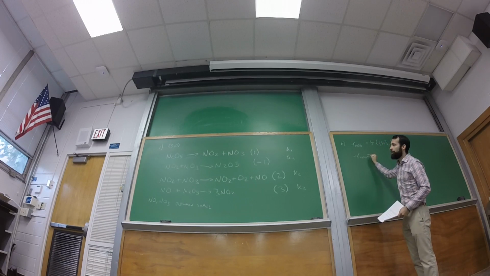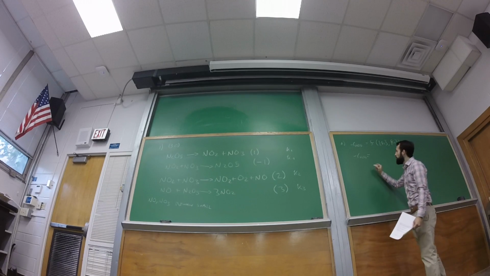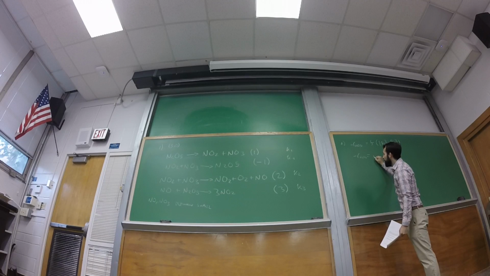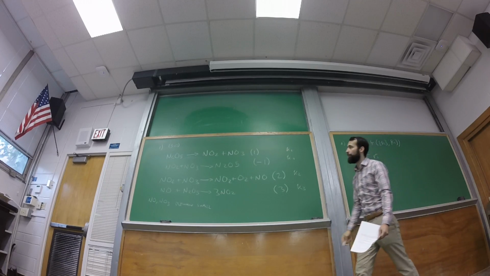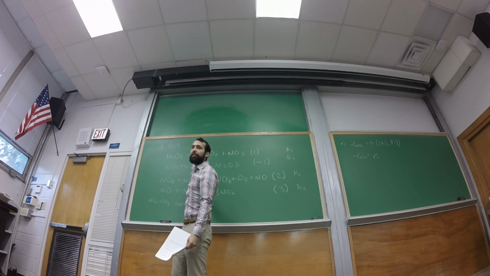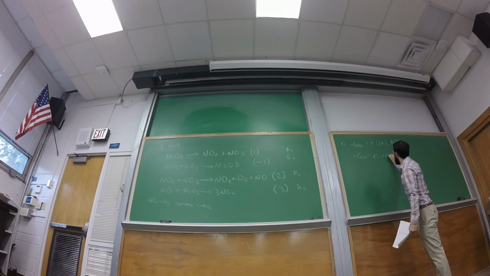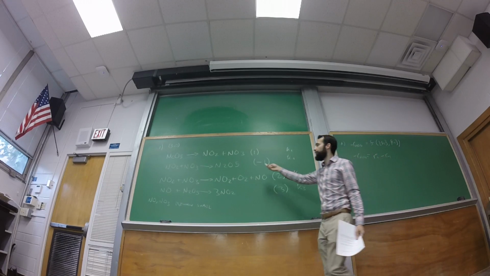And so what is that equal to? R1, not minus R1. I'm writing the rate of consumption. This is already written as the rate of consumption. Minus the reverse reaction. That is true, because over here I'm producing it.